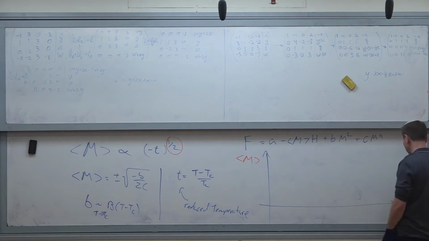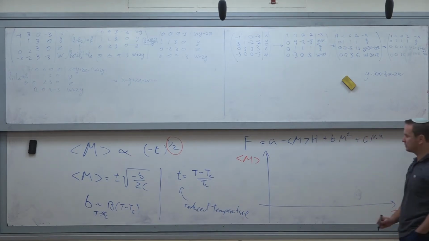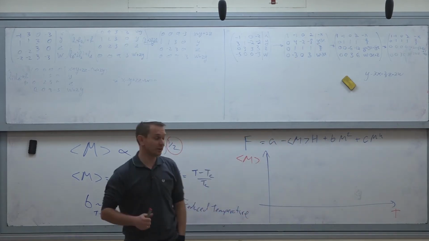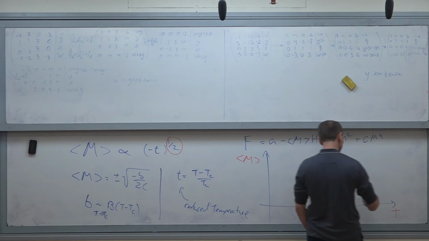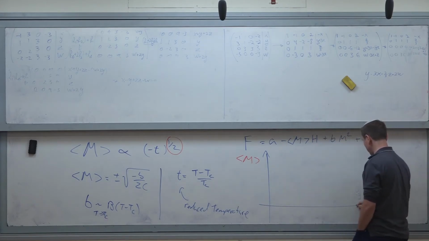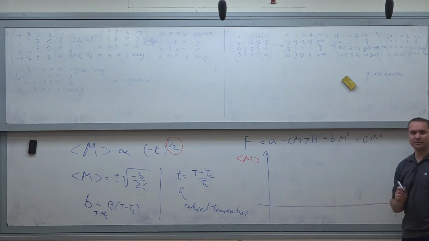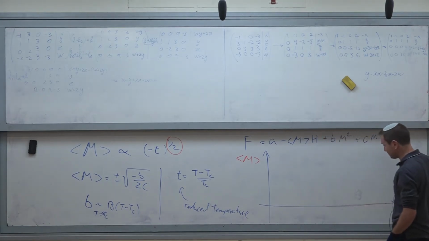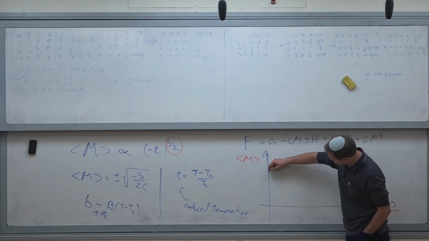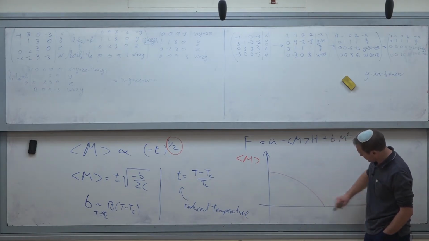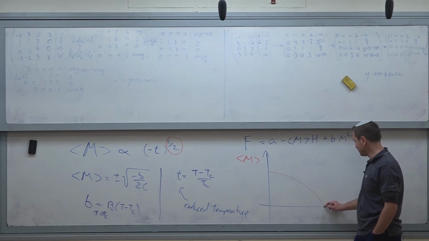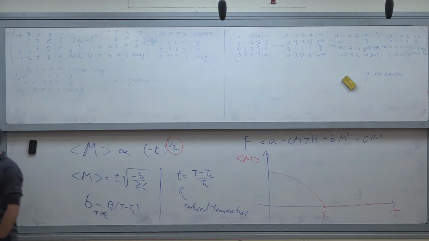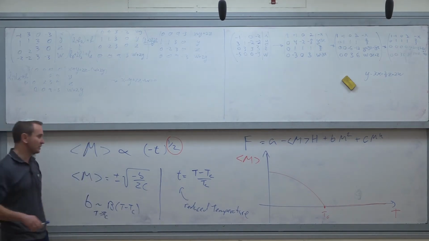If this is the temperature or some external parameter, and the average m plays the role of the order parameter, then for high enough temperatures it was always 0. It was non-zero for low enough temperatures. And there was a critical temperature that we termed the Curie temperature, where a spontaneous symmetry breaking occurred.